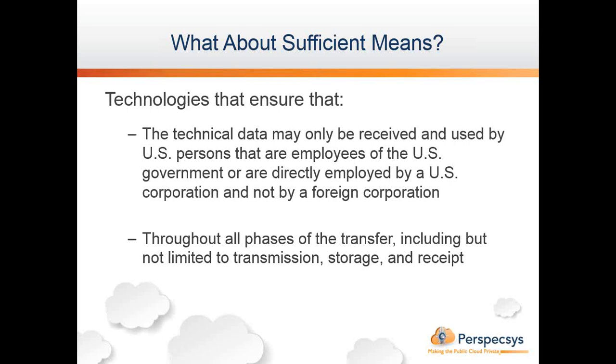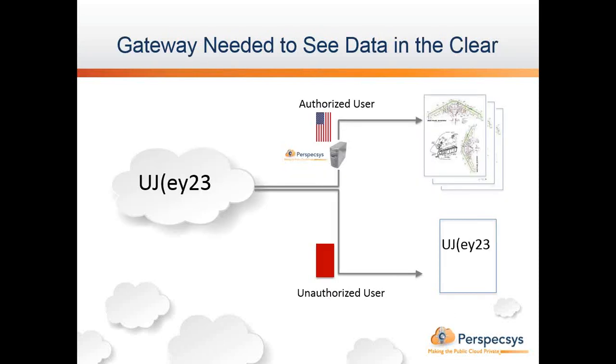It's the gateway and the database associated with it that is the means by which the information is brought back into the clear. Somebody who's unauthorized, whether that be a third party or, let's say, the employees of the cloud provider themselves, if they were to access, let's say, a particular document in this example, all they would see is the replacement token, so clearly not usable in any way, shape, or form.